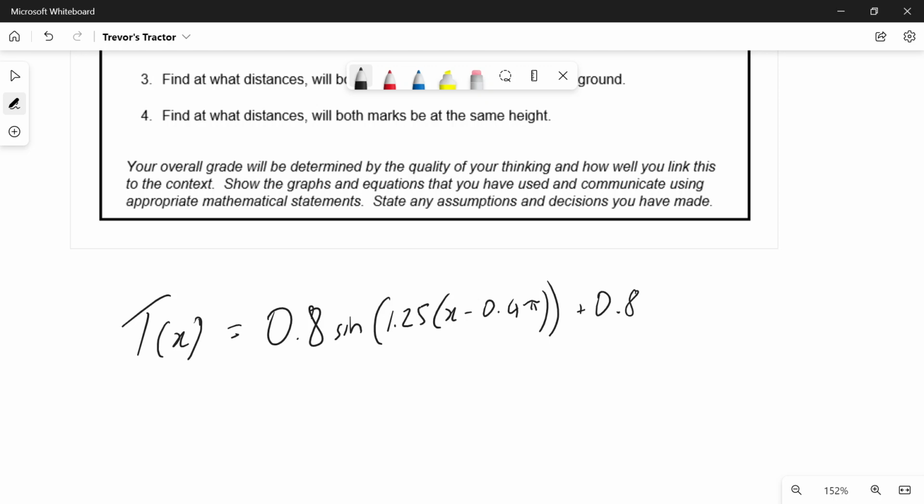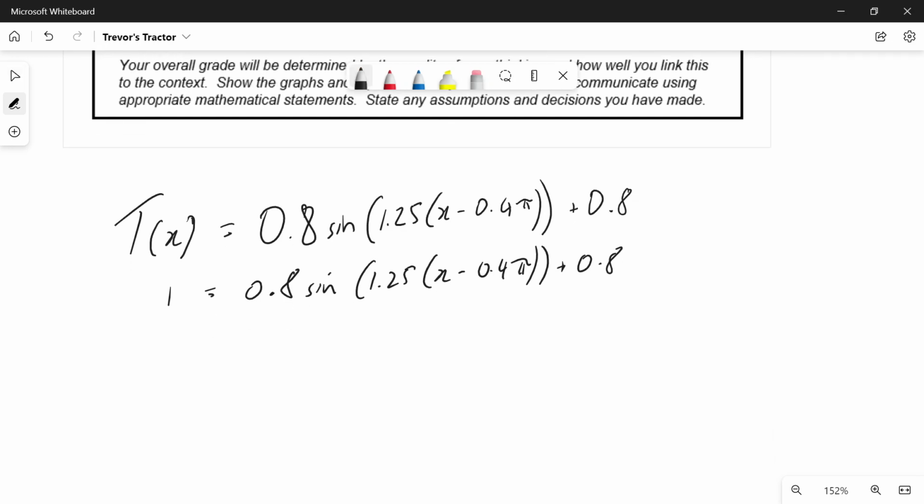So first off, we subtract 0.8 from both sides.